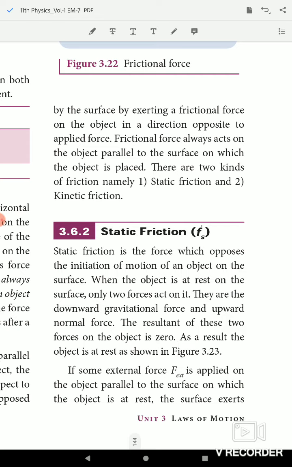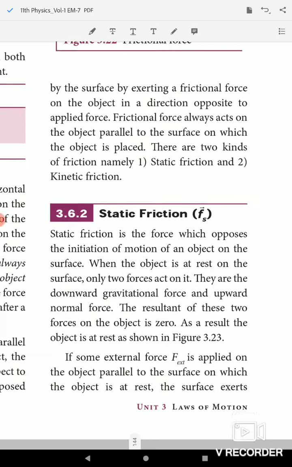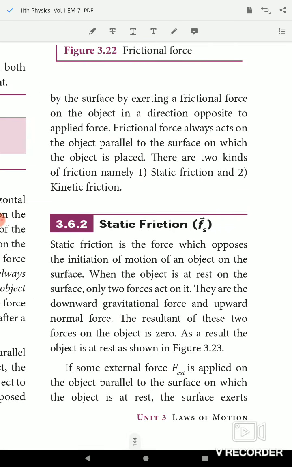Now only two forces act on it: the downward gravitational force and the upward normal force. You already know that these two forces act on the body all the time. So what is static friction? Mark this one. The force which opposes the initiation of motion of an object on the surface. Up to this you mark it.